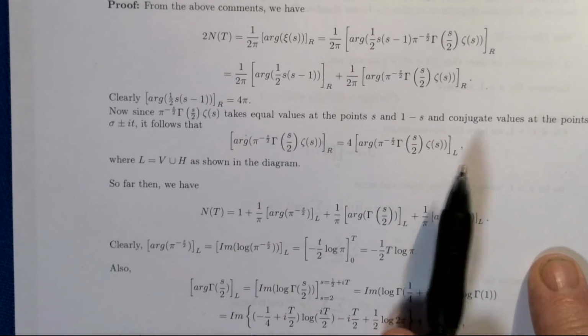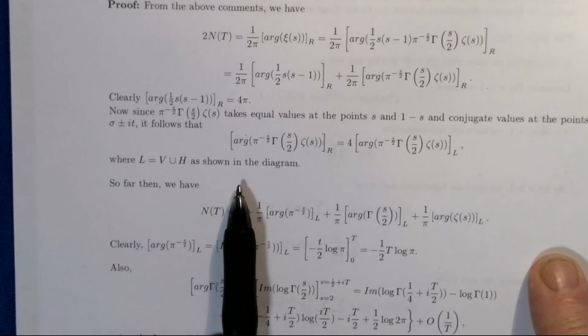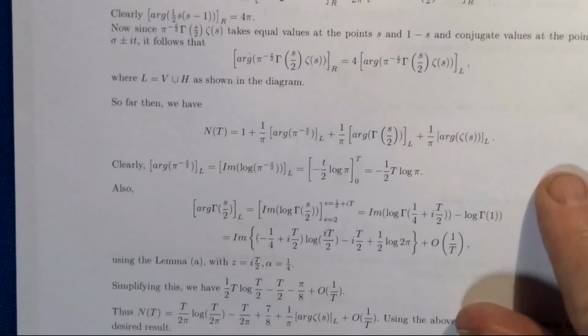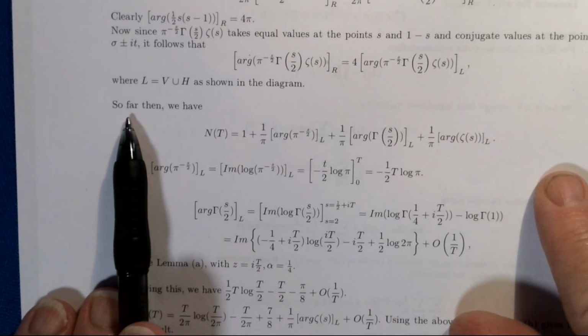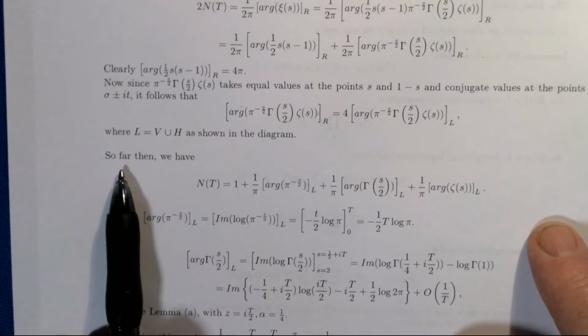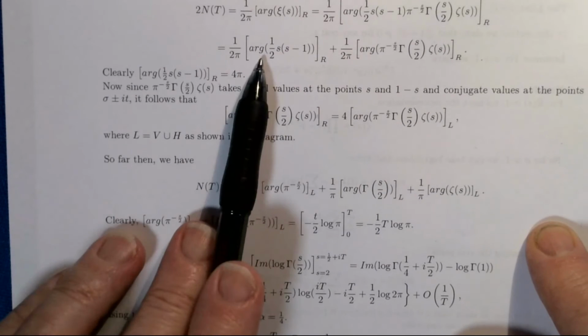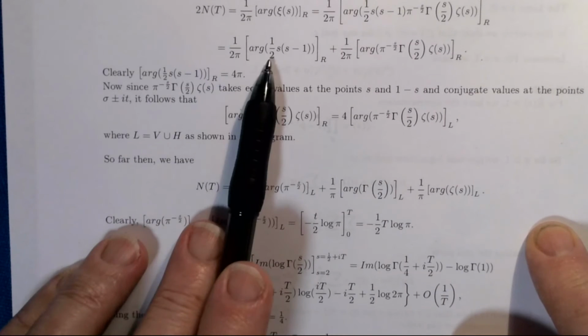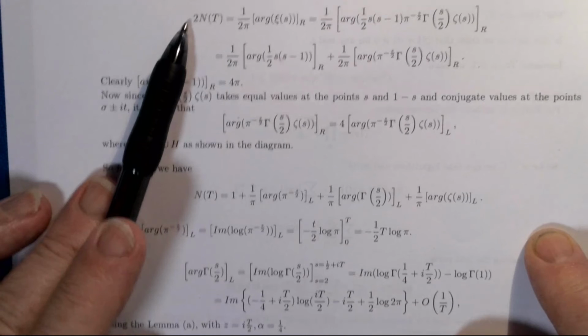So that's why we're going to work with this L. So far, plugging everything back in, this term here is 4 pi, so this gives you 2, and I'm dividing by 2 from the 2 in front here.